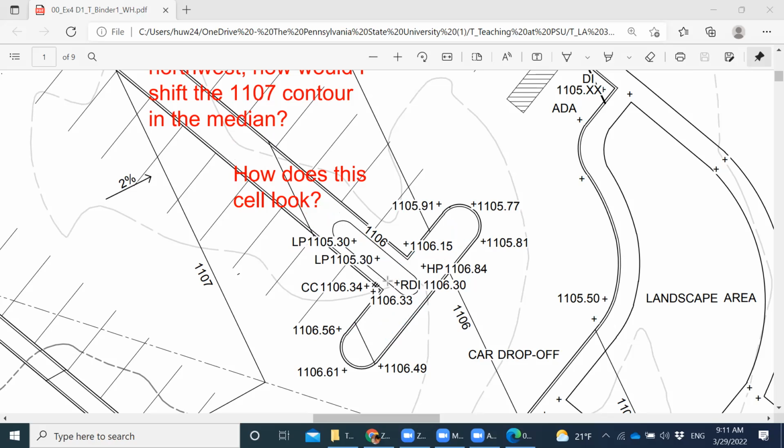Yes, because that's the dead corner. If you have a DI, then you don't need an RDI. You only need one of those two. So you can remove that RDI. Then you have a 1106 contour, that's good. And then 1105.3, meaning that you have 1 foot of a difference.